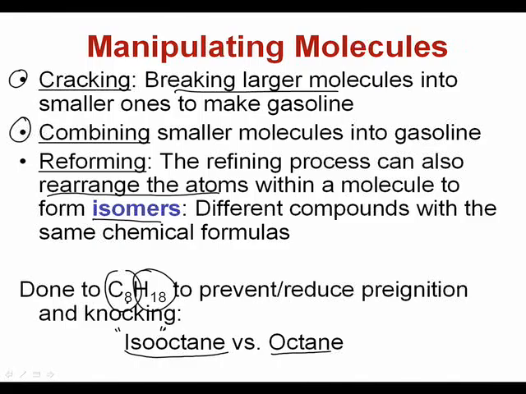And why do they do this? Because they want to reduce preignition and knocking. They could do this really easily when they could put lead in, but we can't put lead in. This is obviously premature firing. You don't want the gasoline or the fuel to go off simply when you are compressing it. Premature ignition, premature firing.